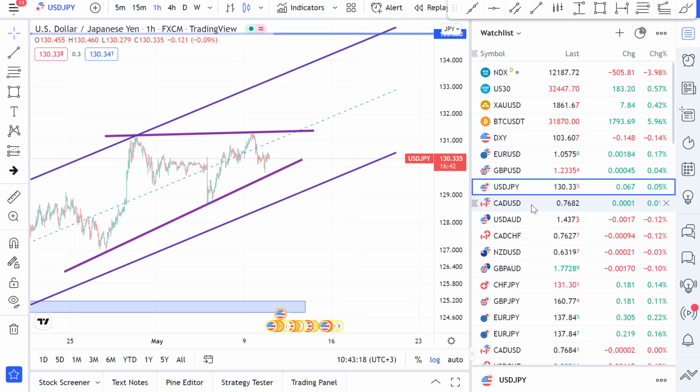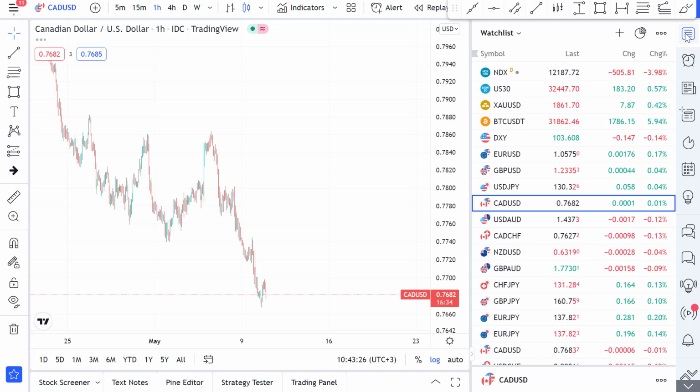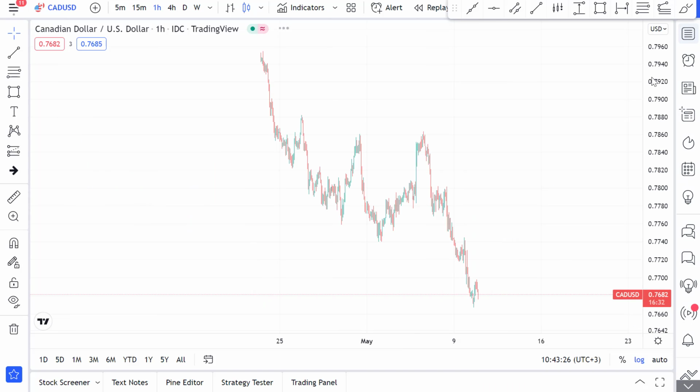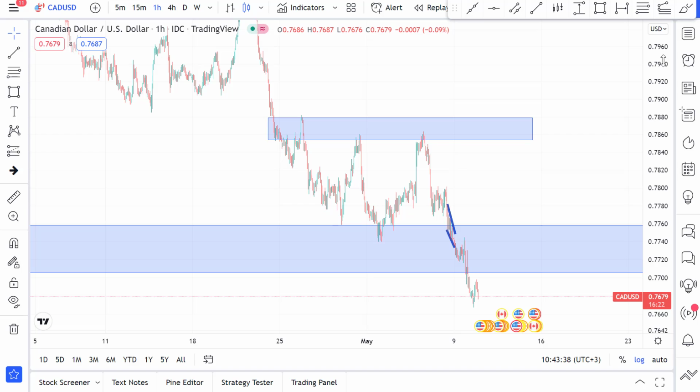About the Canadian dollar, as I told you yesterday, it happened. It became weaker in comparison with the US dollar, and the US dollar is getting stronger these days due to the interest rates.